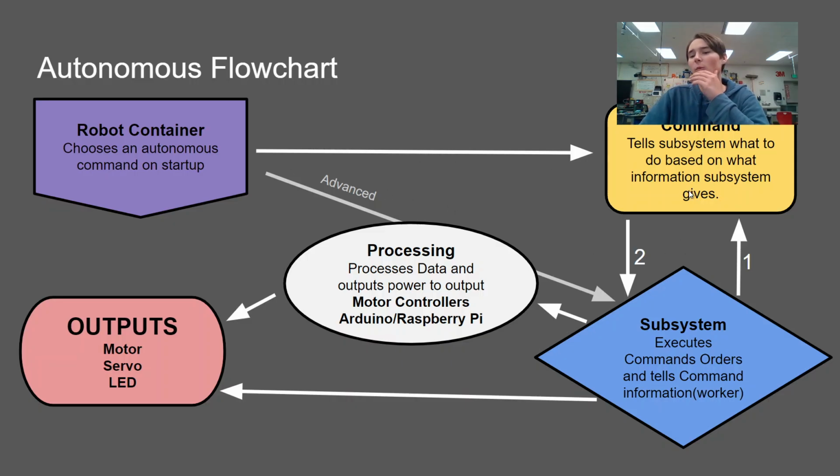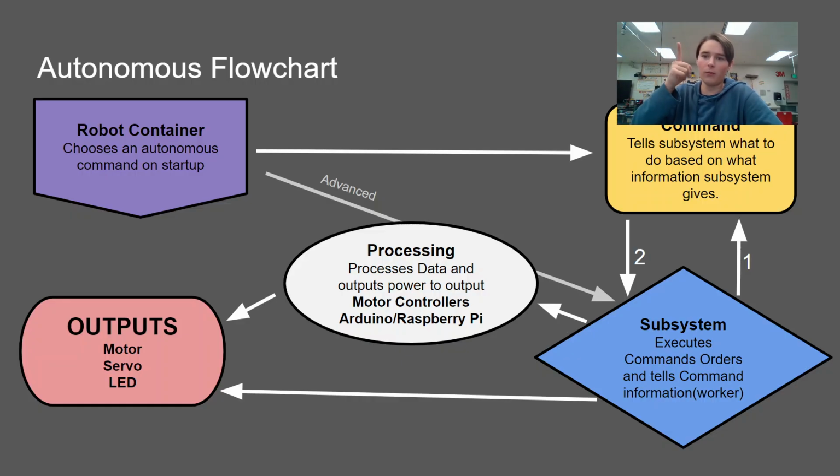And then something more interesting happens when the robot's running itself. The command and the subsystem are going to communicate with each other. Sometimes it's multiple subsystems, but usually the command is going to run until the subsystem tells it to stop. So the command says, go forward until we find this amount. And then the subsystem tells it how far it's traveled.